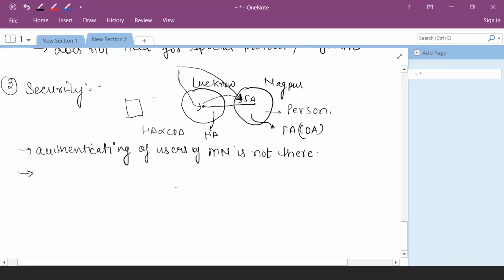So that is again a problem. First, the home agent, or you can say the home address, has to verify whether the packet it is directing to the foreign agent is going to a true, authentic person or not. So that is missing over there.